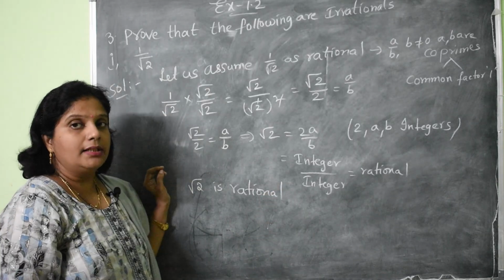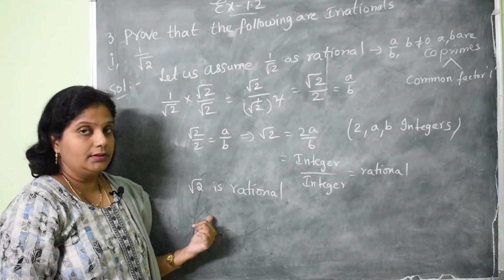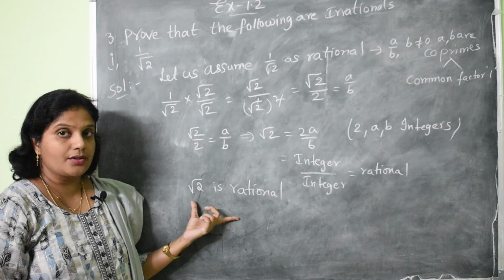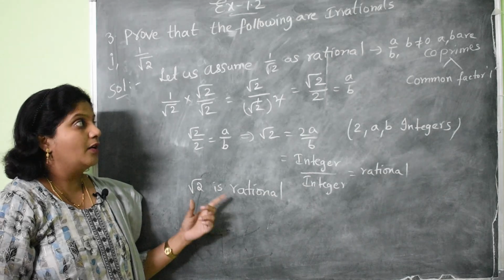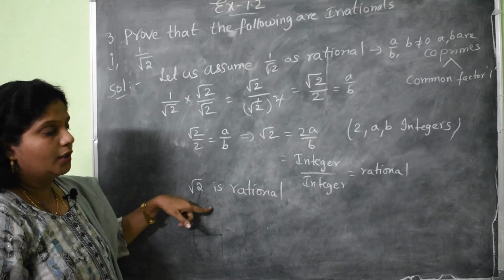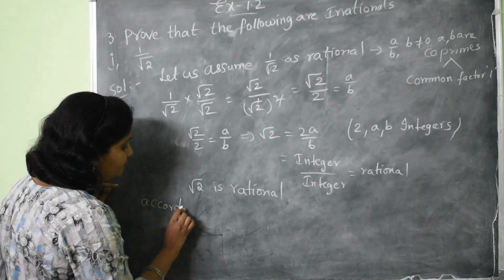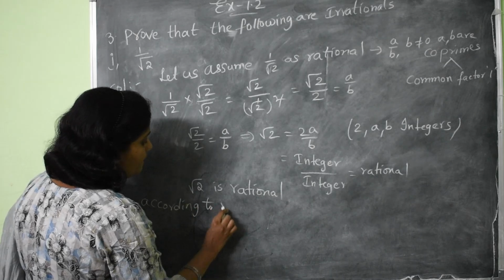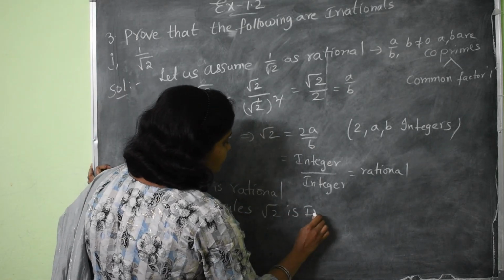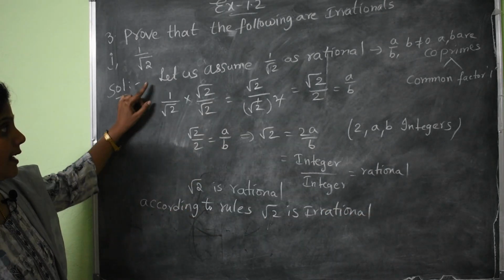But what we have learned in the previous section, root 2 is irrational. We have learned that root 2 is irrational. But here what we got is root 2 is rational. Why did we get like that? Because our assumption is wrong. By taking our assumption as wrong, we got the wrong answer. So, according to the rules, root 2 is irrational. But our assumption is wrong.